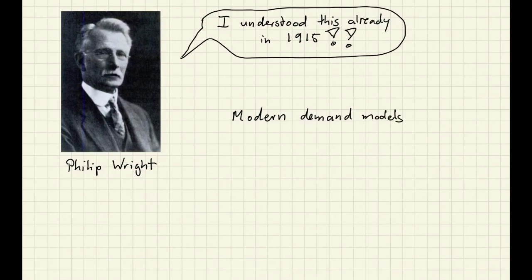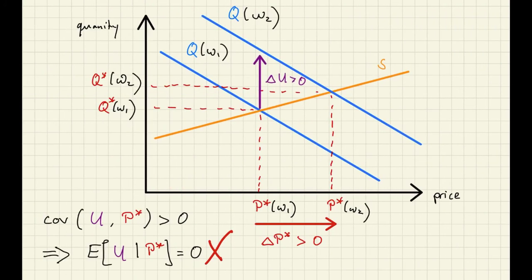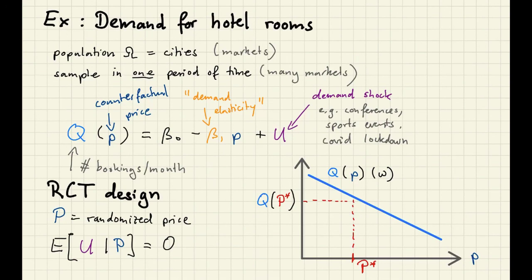In our demand model, we had these demand shocks that distinguished different markets. These demand shocks were things that are transitory in nature, such as conferences or sports events. And apart from these transitory shocks, all markets were the same. That is not very realistic because you would expect the demand for hotel rooms to be much higher in large cities than in small cities and be persistently higher.